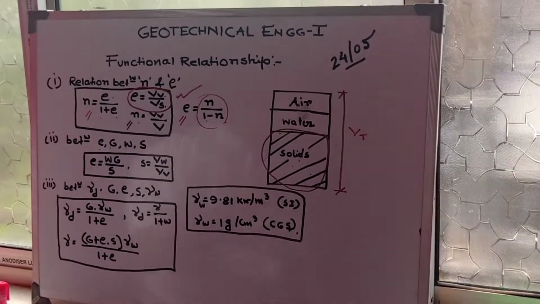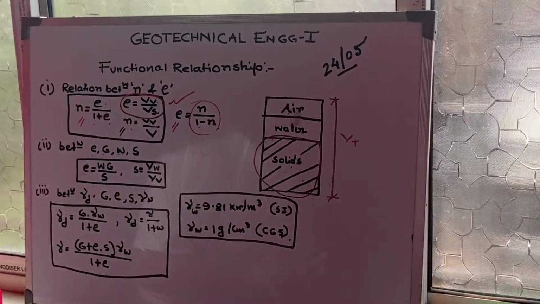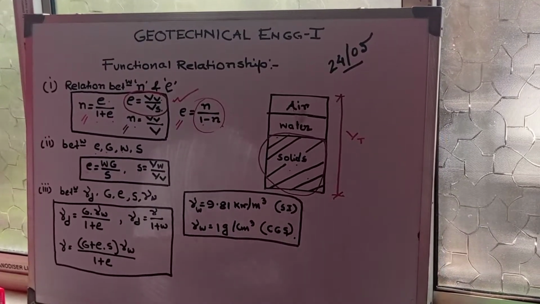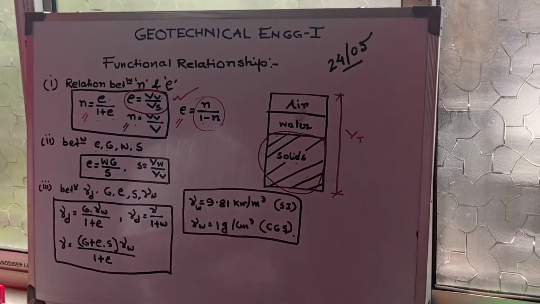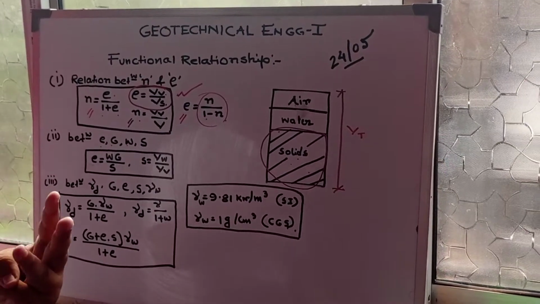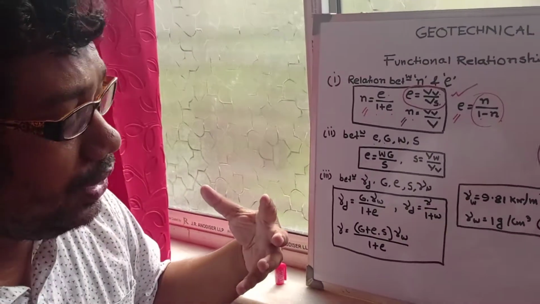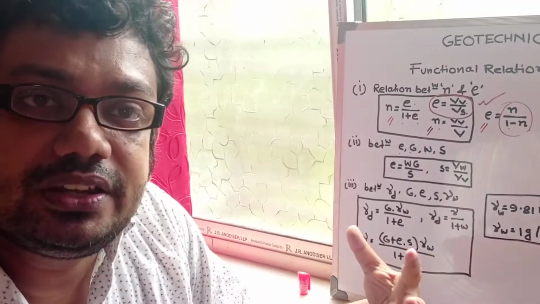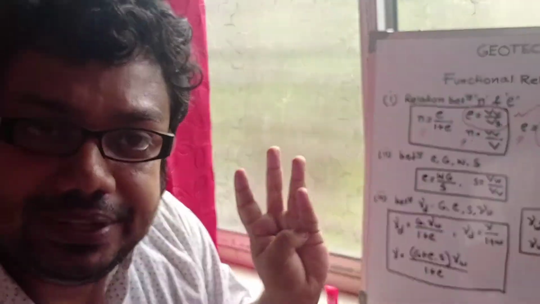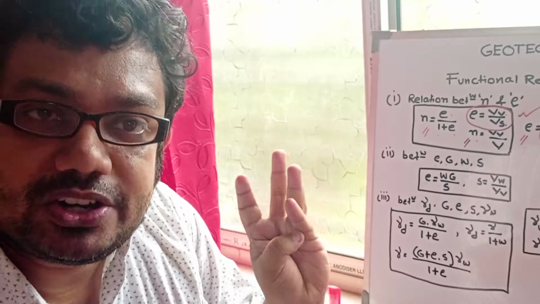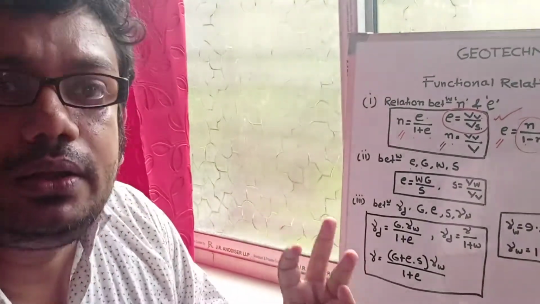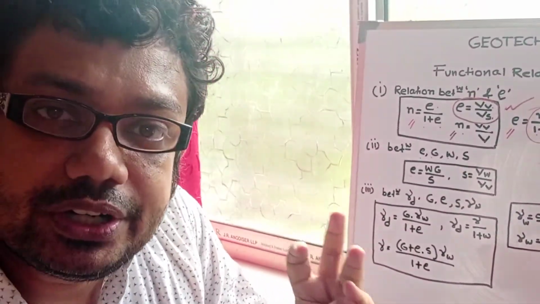Whenever you receive a soil mass from nature, in most circumstances it may be partially saturated. There are three kinds of soil you will experience in nature: one is completely dry soil, one is partially saturated soil, and another is completely saturated soil.